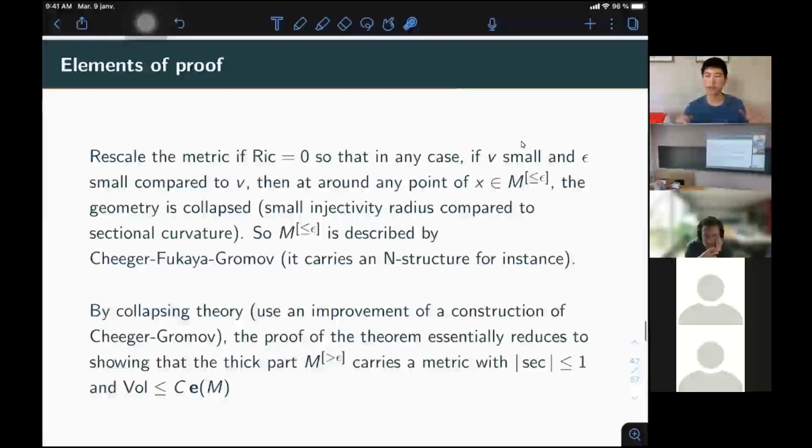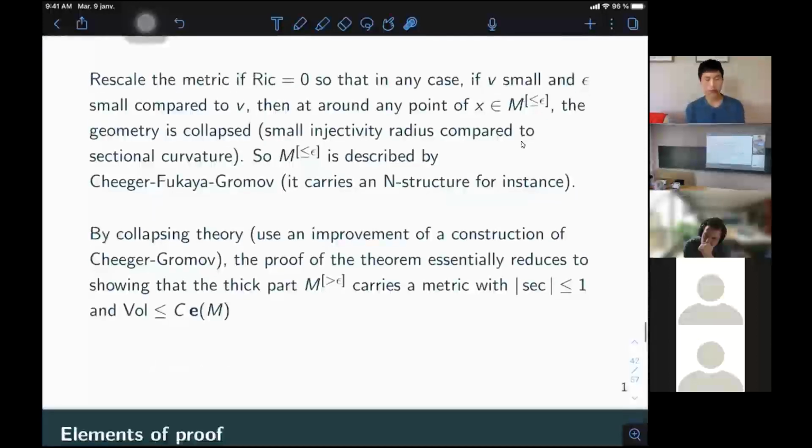In other words, in dimension 4, there's this nice thing that if you care about the essential minimal volume, you just need to care about the delta-thick part for some fixed dimensional constant delta. Once you can evaluate the volume of the delta-thick part, you evaluate the essential minimal volume. So that is true in dimension 4. That is a claim.